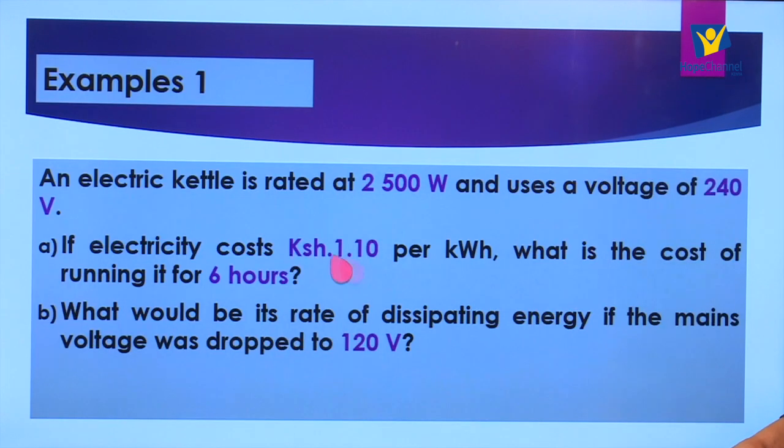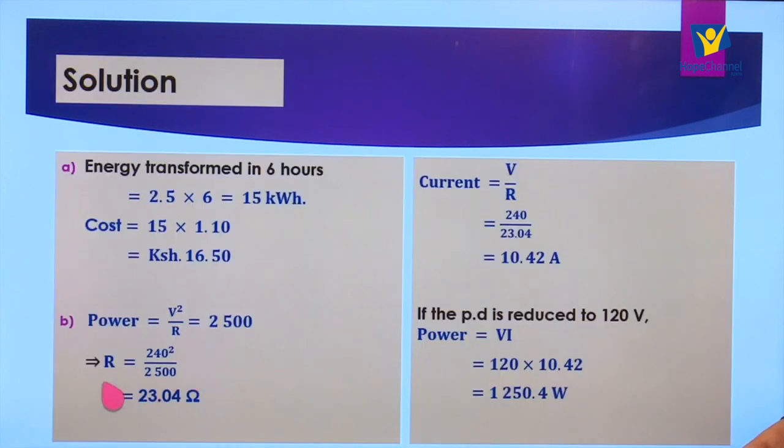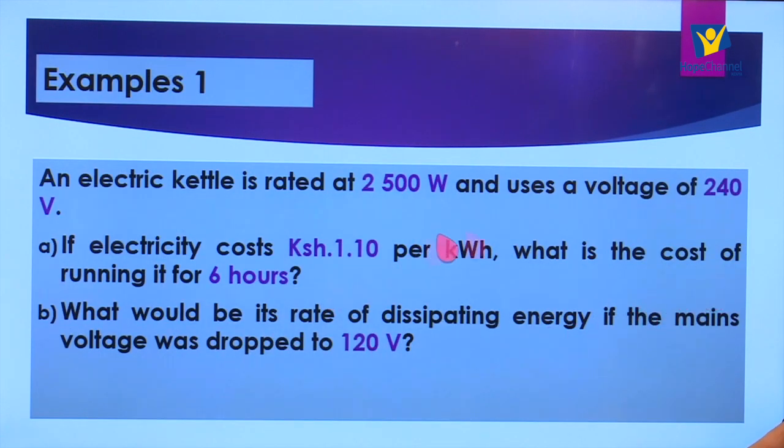So when this kettle is operating normally, the resistance is 23.04 ohms and the current flowing through is 10.42 amperes. Now, if the potential difference is reduced to half, the power dissipated will be equal to V times I. Our V now is no longer 240. The new V is 120.